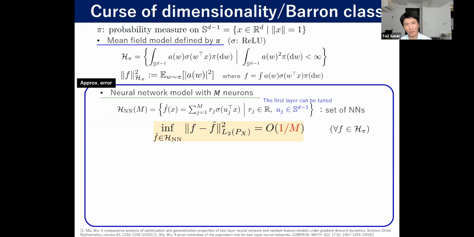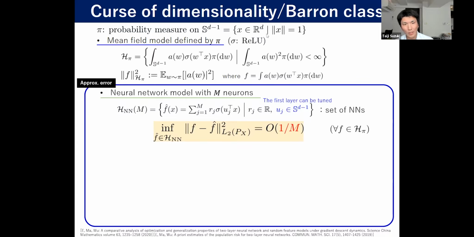Some behavior of such a many-particle system can be written by a kind of integral. So there is some connection between the neural network and such mean field analysis. So this is also called a mean field model.